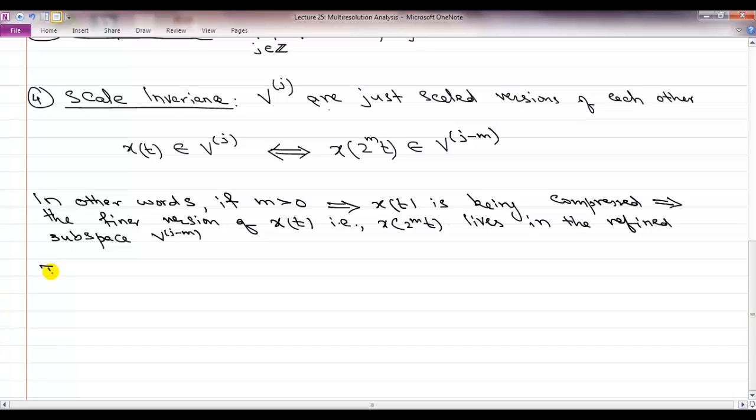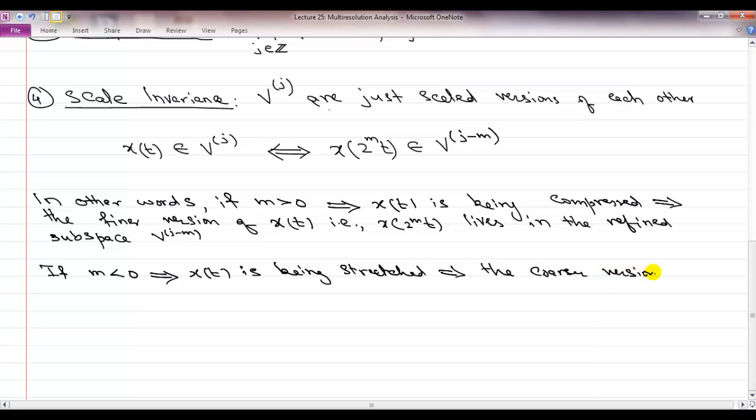Similarly, if m is less than 0, then x of t is being stretched. So we are now looking at a blown up version of x of t. And this means the coarser version of x of t lives in the subspace that is now below V j, right?